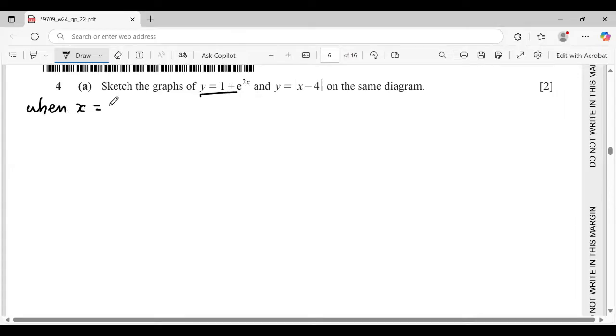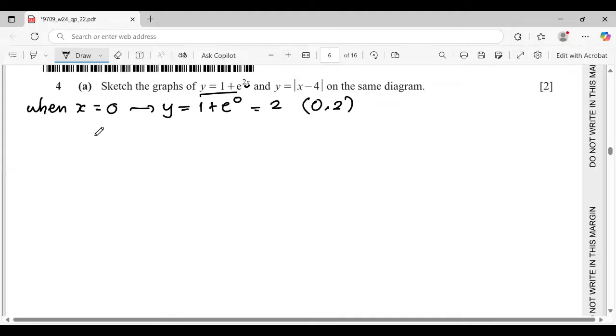When x equals 0, the value of y is 1 plus e to the power 0, so 1 plus 1 is 2.